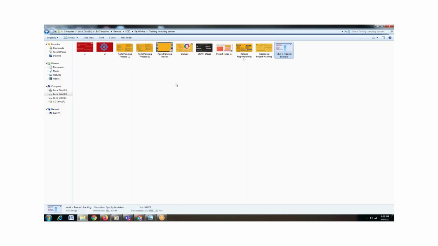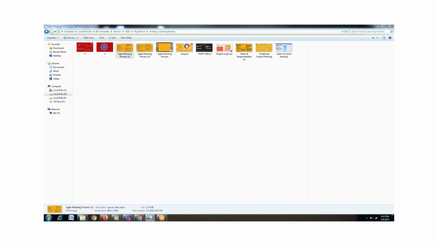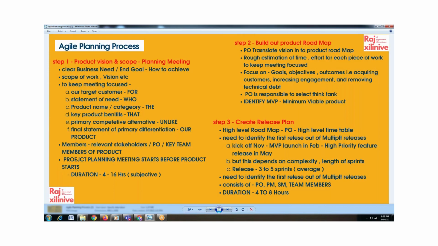In the first banner itself I have shown you there is a product backlog where we have to create this. Everything will be created once the release plan is done. Based on that, the priority items are taken into account. So this is what the product backlog is usually used for.